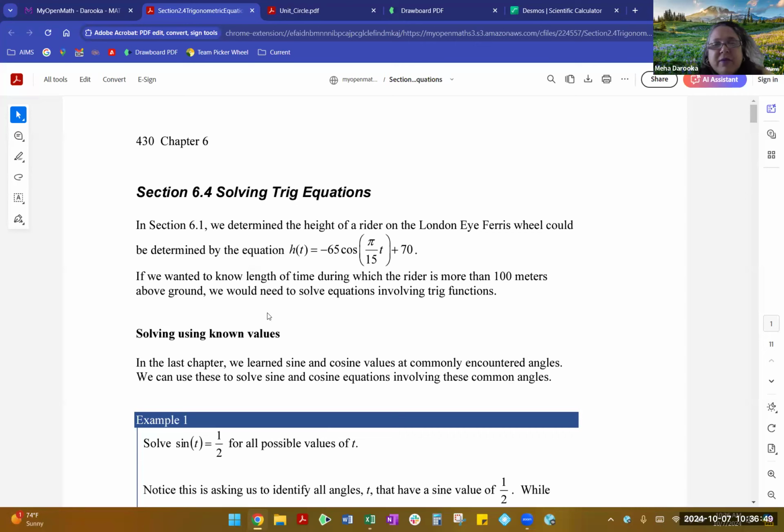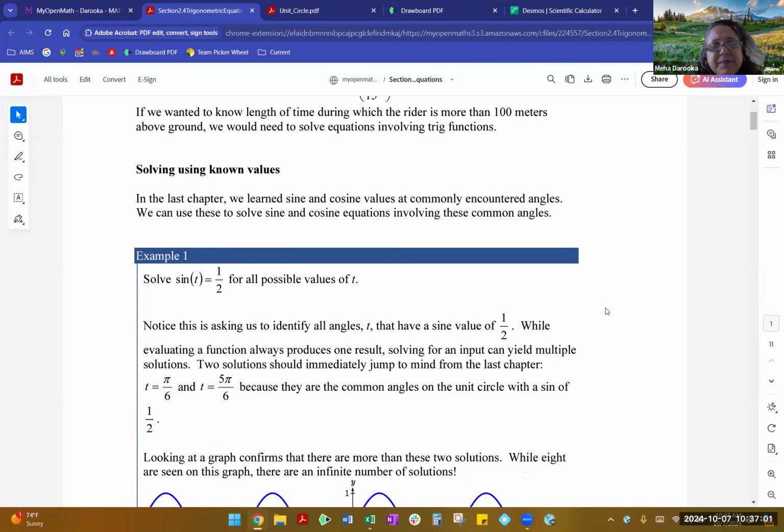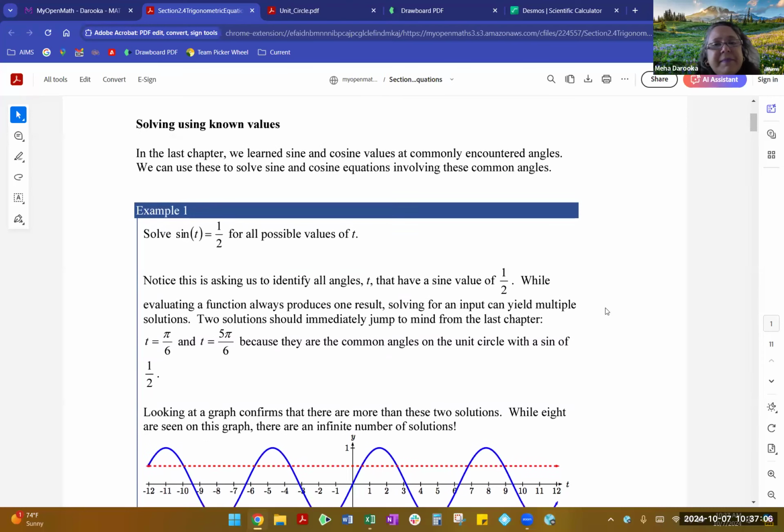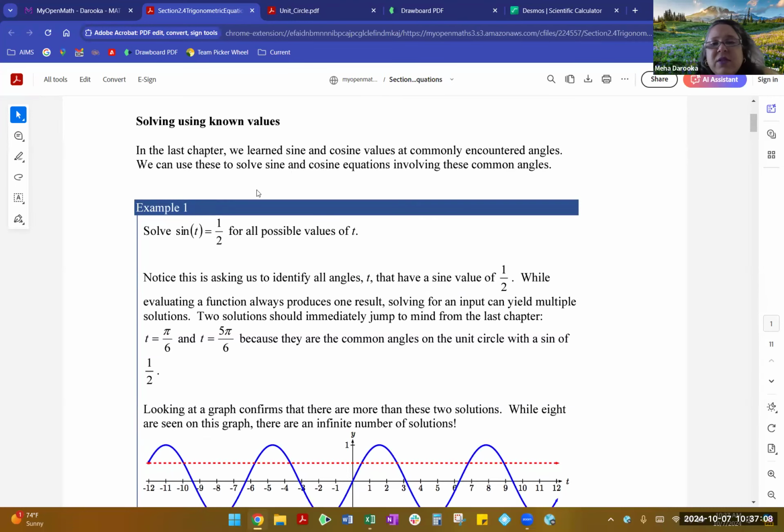100 meters above ground, we would need to solve the equation basically using trig functions, right? So in this case, we're basically saying you know the height and you want to figure out what the time is going to be. So let's take a look at some examples over here. They're saying, okay, so using the known values, we can solve this. So we learned that sine and cosine functions are commonly encountered angles.